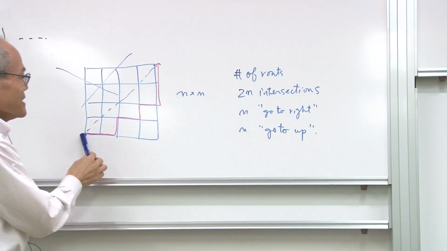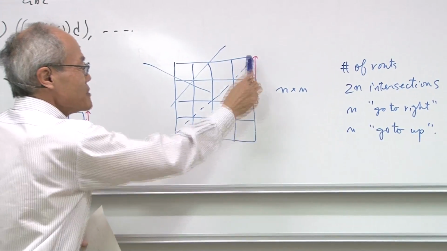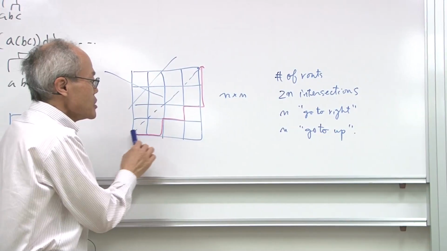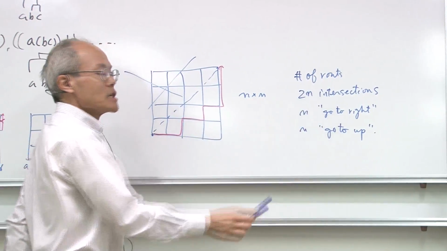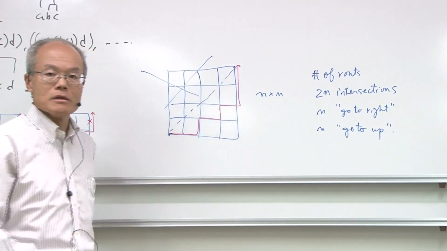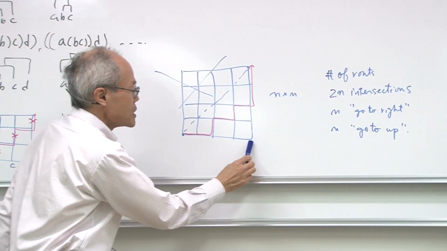From here to here, you have an n by n mesh. Then, from here to here, you need to go through 2n intersections. You have n points here and n points here.